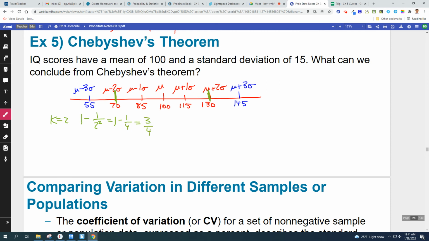So Chebyshev's theorem says 3/4 of IQ scores, actually it says at least that, at least 3/4 of IQ scores are between 70 and 130.